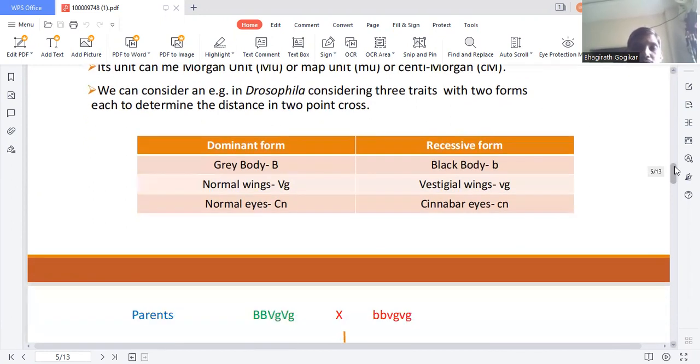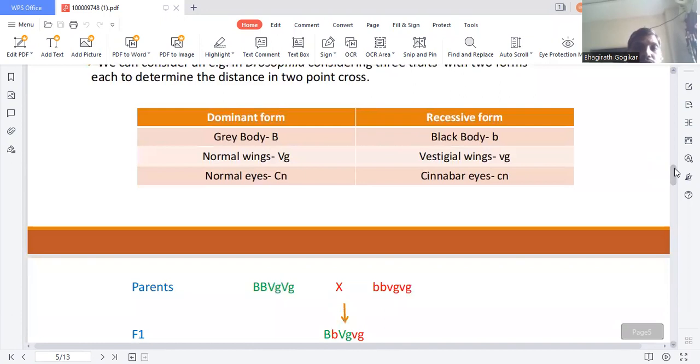First, let us look at an example. These are the dominant features and these are the recessive features. Gray body, the responsible gene is B. Normal wings, that is VG. Normal eyes, CN. The recessive characters are black body, small b, vestigial wings, small vg, and cinnabar eyes, small cn. These are the characters and the representative genotypes.